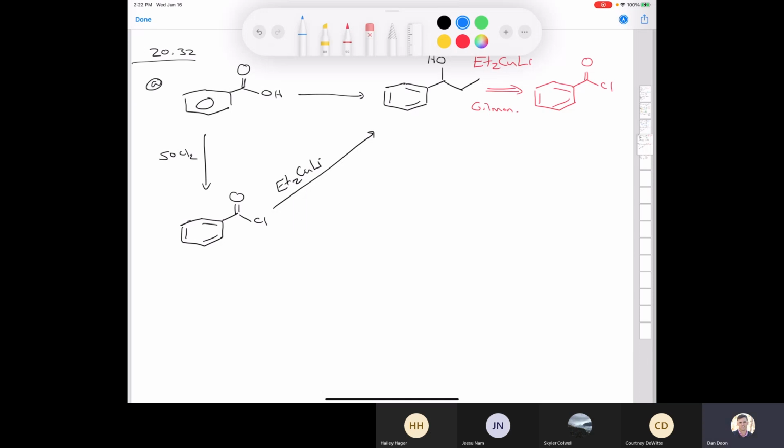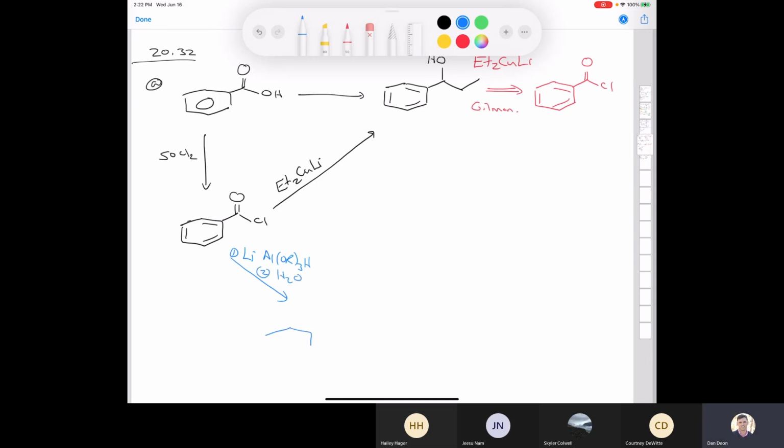Thanks for answering. Yeah, we have no way to go from a carboxylic acid directly to an aldehyde. If you want to make an aldehyde, we could make it from an acid chloride. So in that case, you could take this compound and treat it with lithium tri-butoxy aluminum hydride, and then treat that with water in the end.